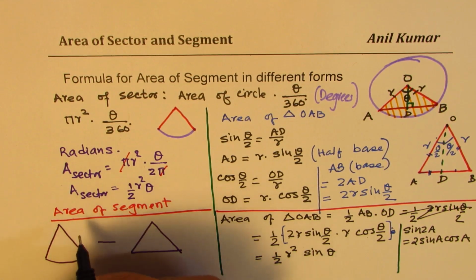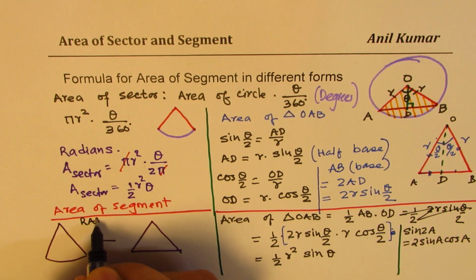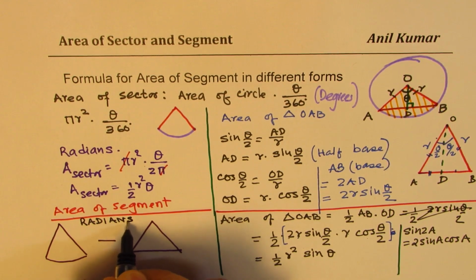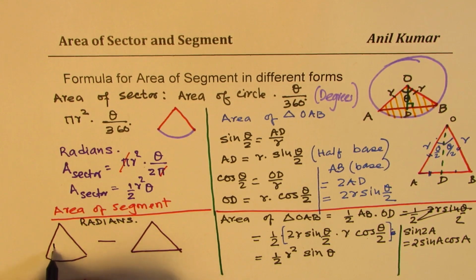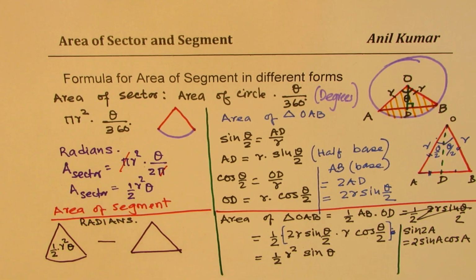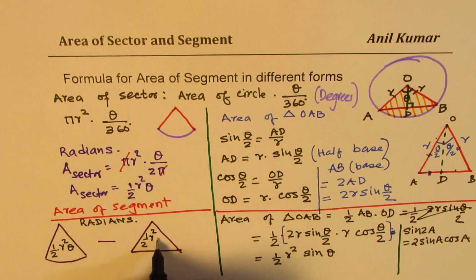But if you're working in radians, in that case the area of the sector is half r squared theta, and here it is half r squared sine theta. Do you see that?